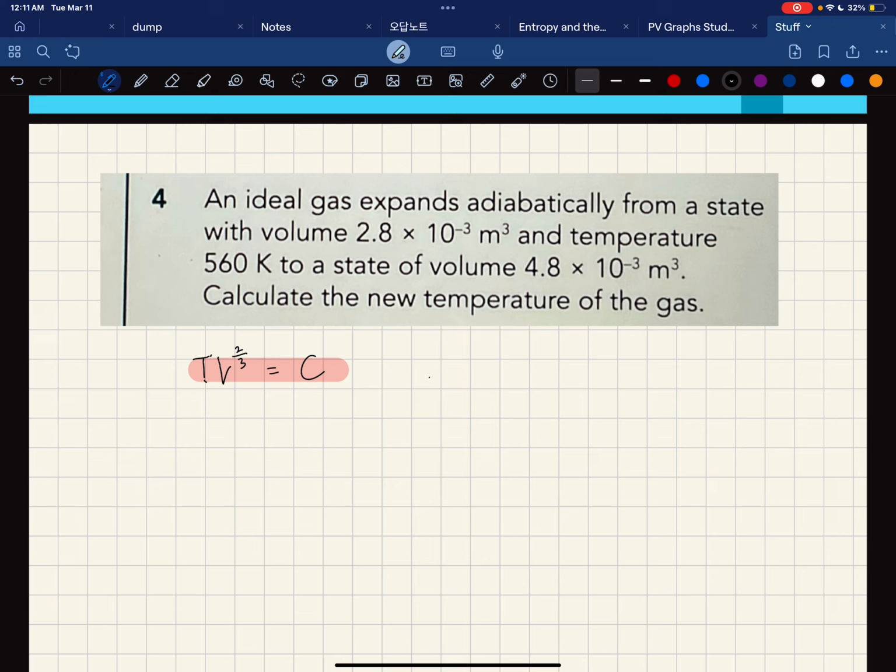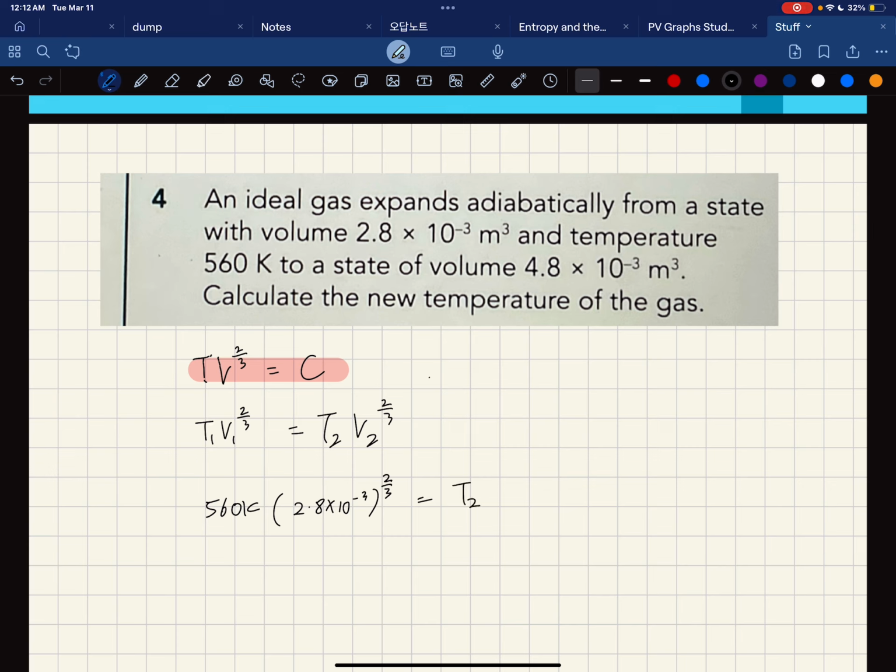Okay? So T1 V1 to the power of 2/3 equals T2 V2 to the power of 2/3. T1 is 560 K. Oh, never mind, sorry. 560 K times 2.8 times 10 to the power of minus 3 is T2.